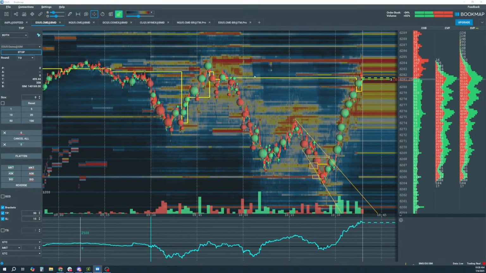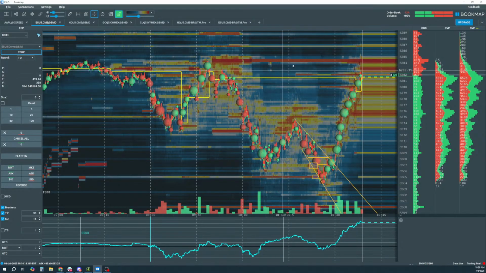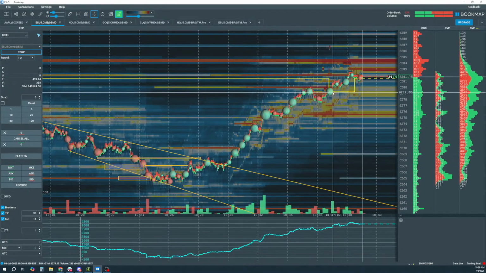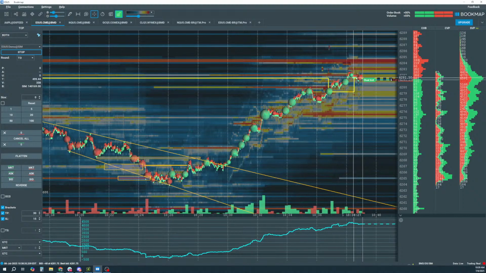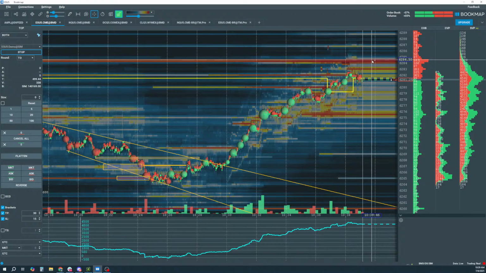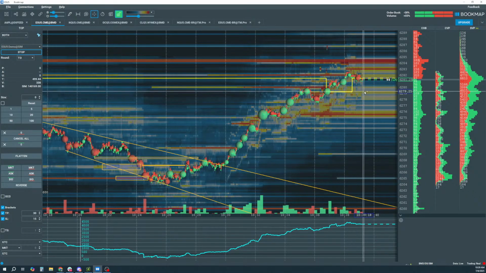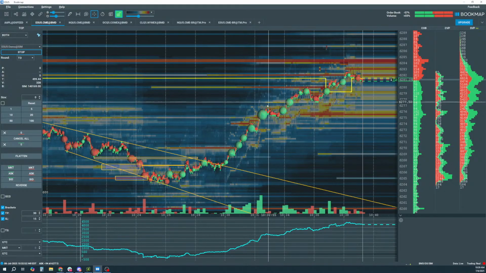Right here, point of control has been kind of moving all over the place, back up in these areas in here, and I anticipate the same. So it's here at the moment, but you can see just a minute ago it was down lower. Right, so we'll see if it stays here and we get price discovery a little bit higher, and then it comes back in and then trades down a little bit lower, and maybe the point of control also moves.